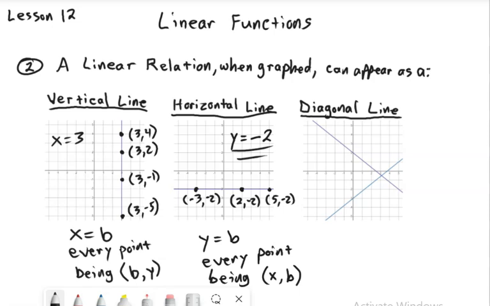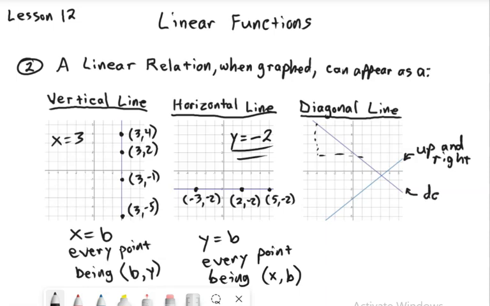And then diagonal lines. So diagonal lines, they can either go right here. This one right here is up and right. Okay, so a diagonal line can go up and right, or this one right here goes down and right. It starts here, it goes down, and then to the right.